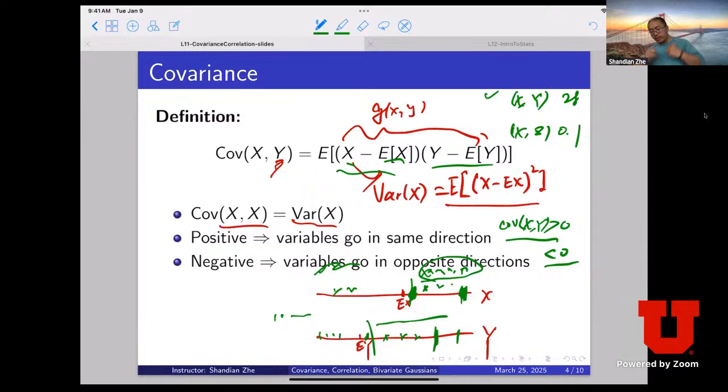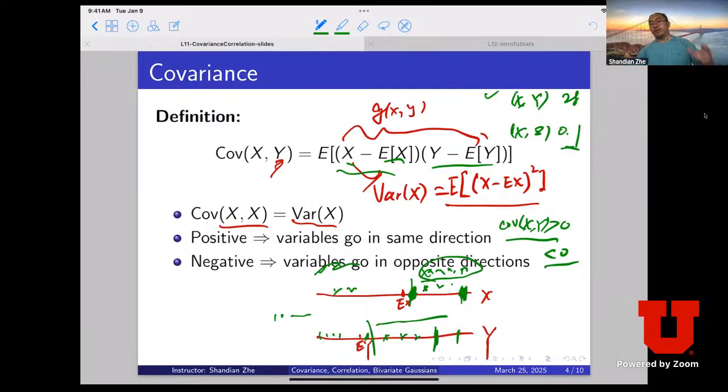In such a case, the covariance size is small. Question? So that means they have a small covariance.